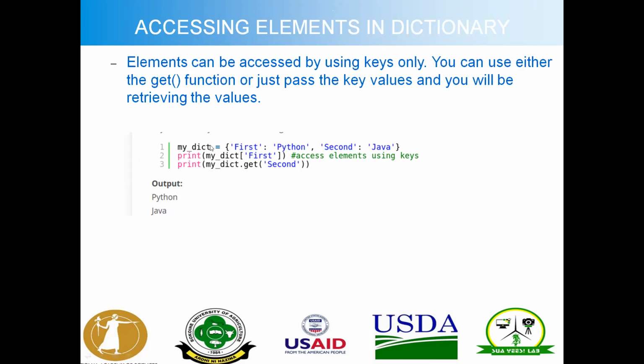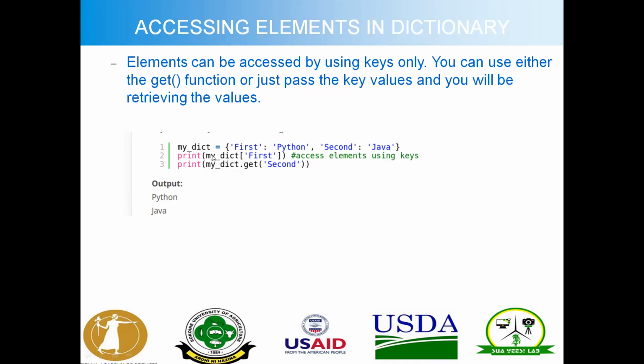So here we are specifying the key in order to get the value. For example, here, you can just access the value of the key first by specifying the key. So this one will access Python. But apart from using the keys to access the value, you can also use the Python function known as get.